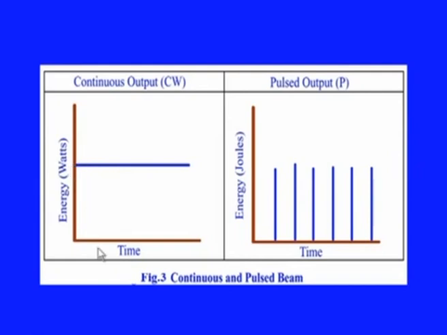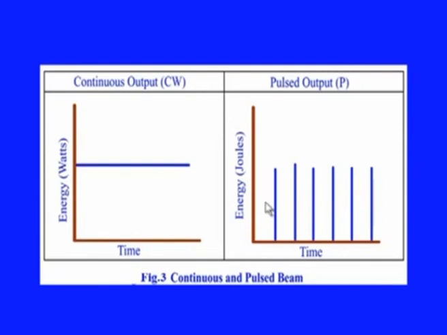That means it will have continuously the same energy output, whereas in pulse mode there will be spikes or discrete energy pulses as output, meaning for a few microseconds or milliseconds there will be an output of specified energy level, say several watts or joules, and there will be a dead zone, a gap in between, followed by another pulse or spike of energy.